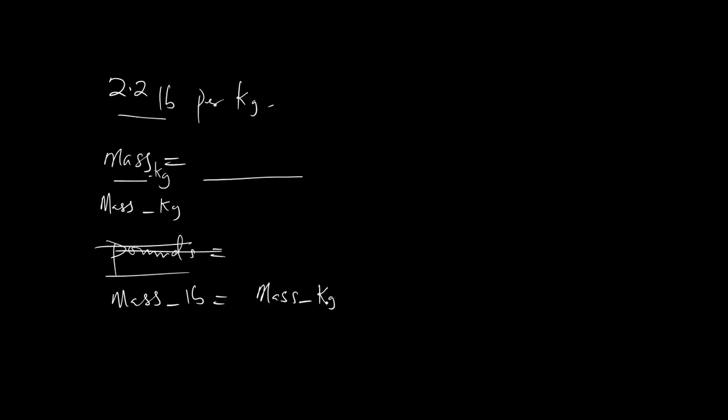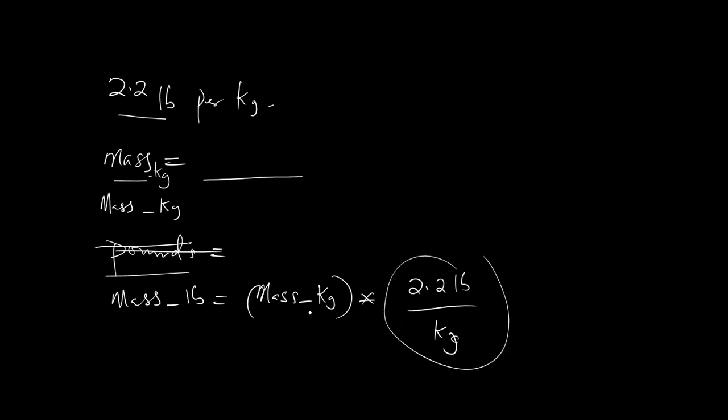This will now be equal to mass underscore kg, which is in kg. The conversion rate should be 2.2 pounds per kg. So kg will cancel out kg here, and you're left with pounds. Meaning you multiply this value with 2.2 to get your pounds conversion.